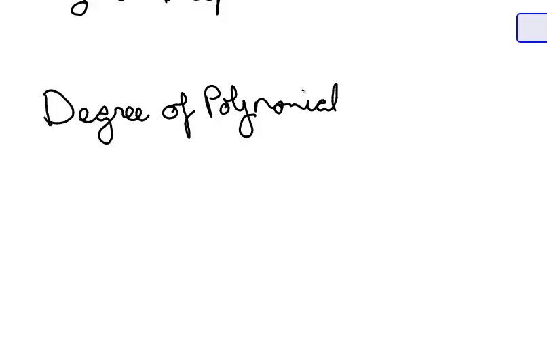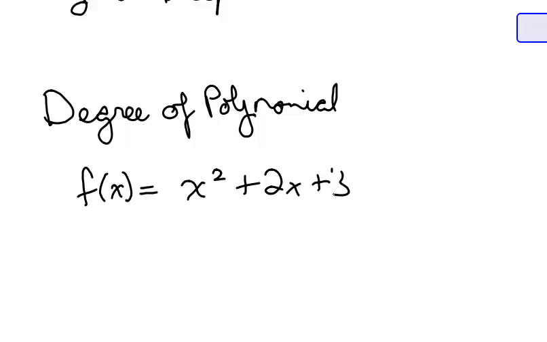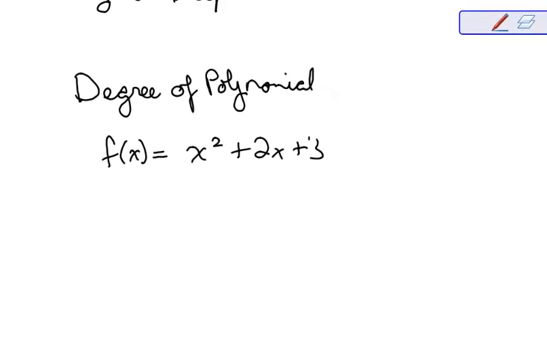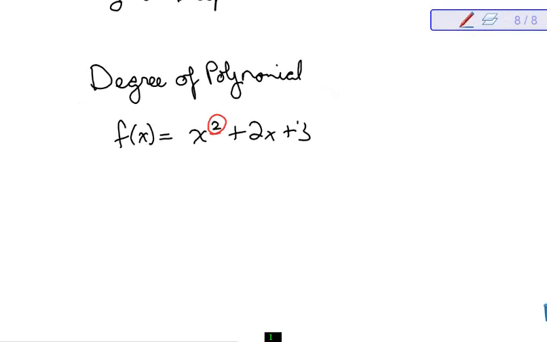So when we're talking about the degree of a polynomial, if I have f of x equals x squared plus 2x plus 3, my degree is my largest exponent. So this one has a degree equal to 2. It's the highest order, or the largest exponent of my polynomial.